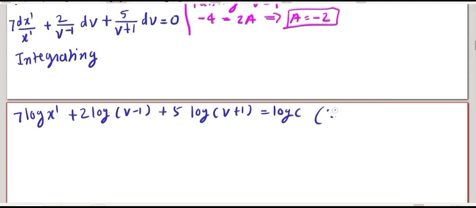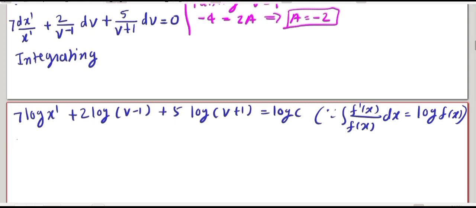So using the result that the integration of f'(x) divided by f(x) dx is equal to log f(x), this result is used to find the integration of these three terms.